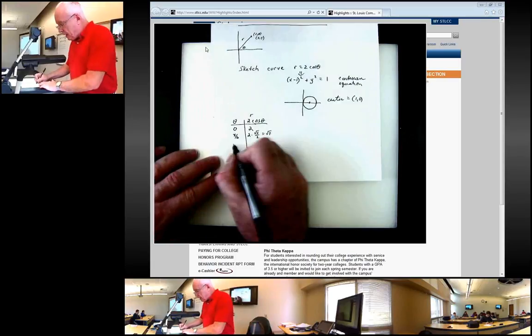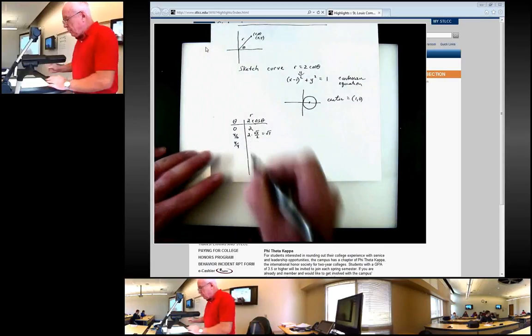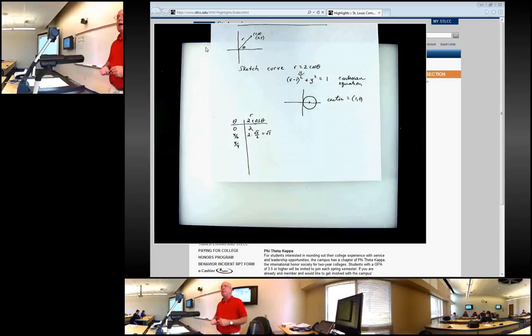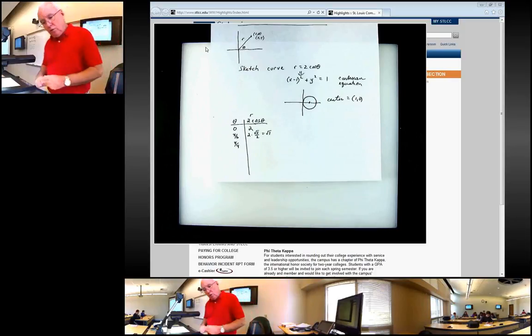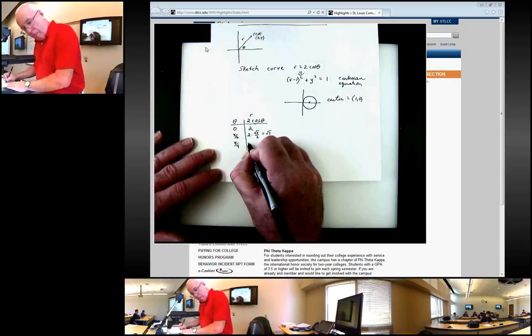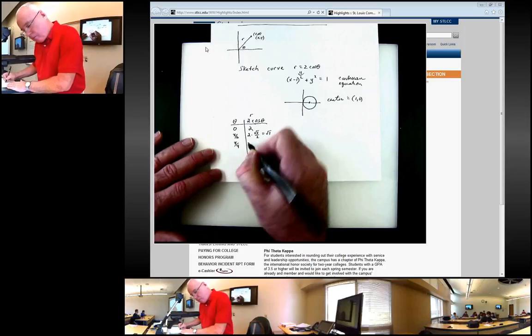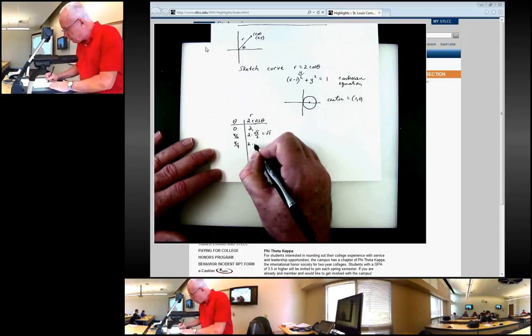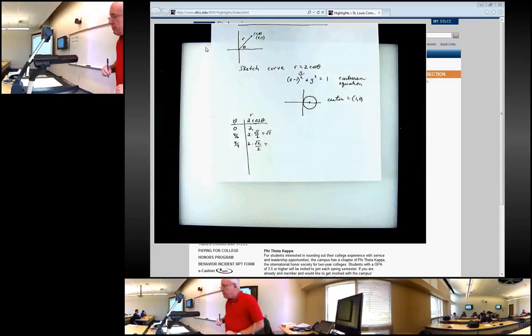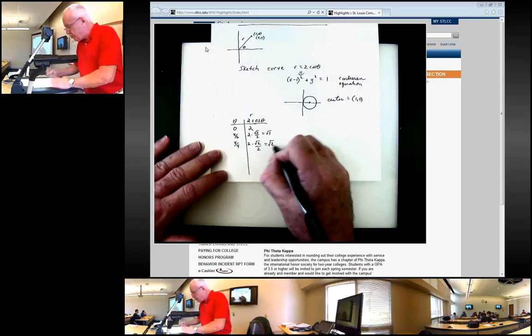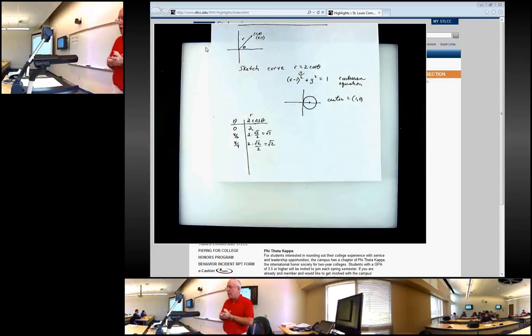And when it's pi over 4, we're going to have 2 times the cosine of pi over 4, which is the square root of 2 over 2. Okay, and the 2's cancel out, and we end up with the square root of 2 for our r value.